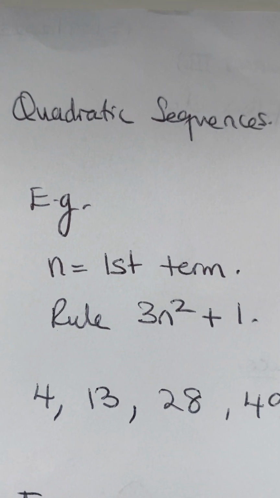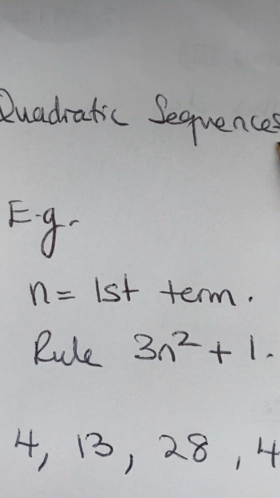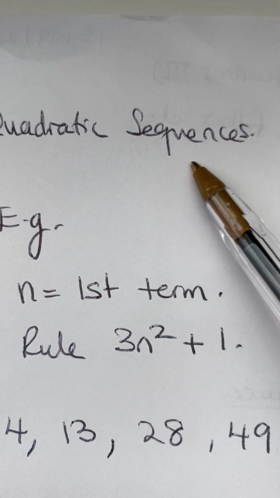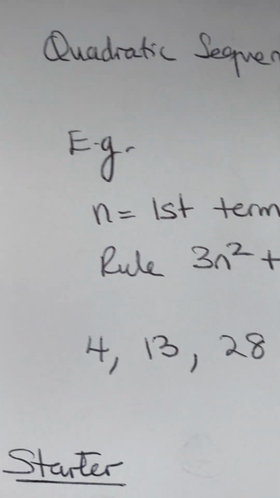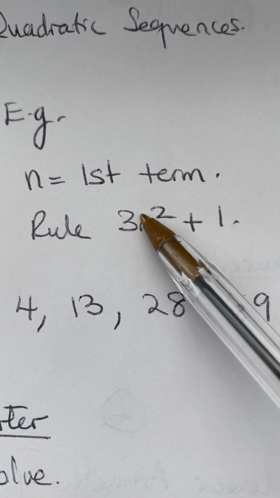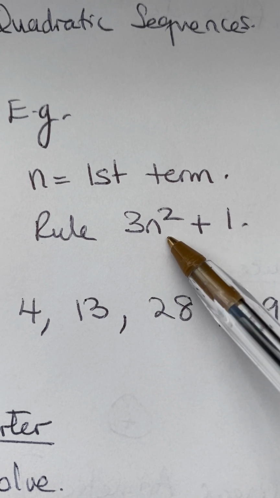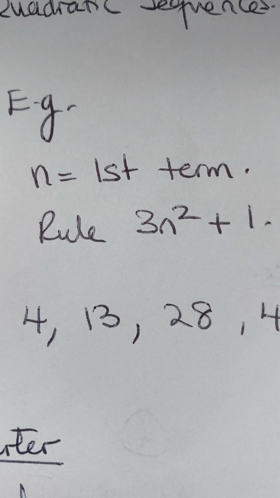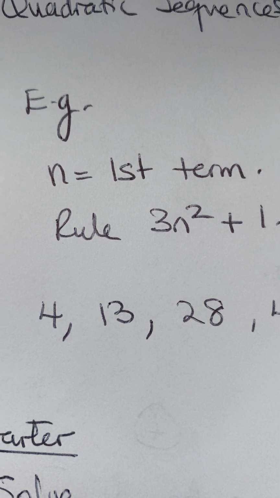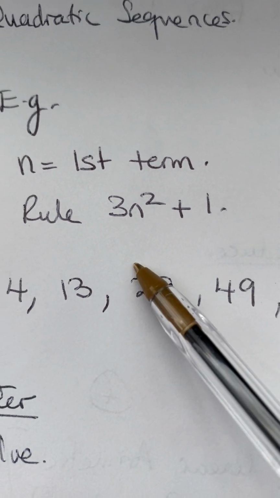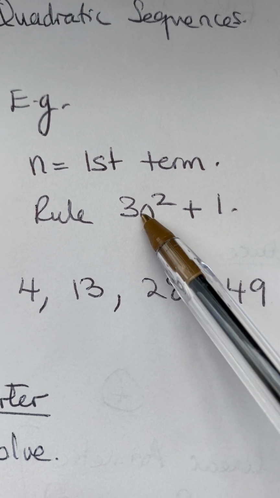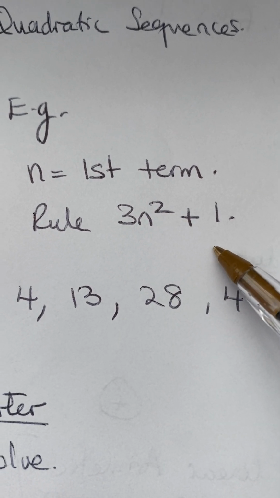Then we saw a second type, which is not linear, but a quadratic sequence. Normally you have a rule like 3n squared, or n squared, or n squared plus 2. Here the rule is 3n squared plus 1.